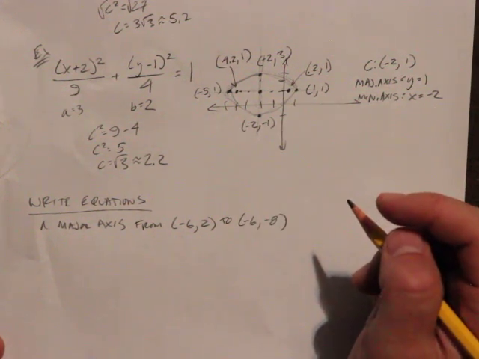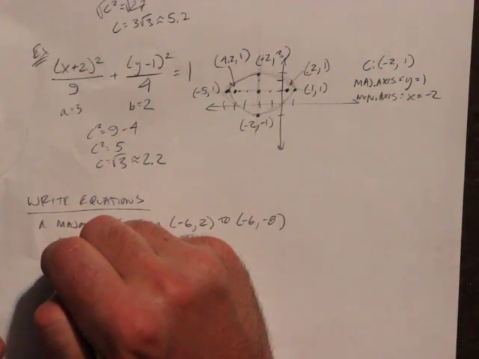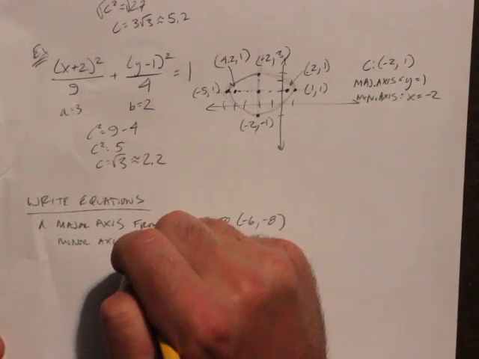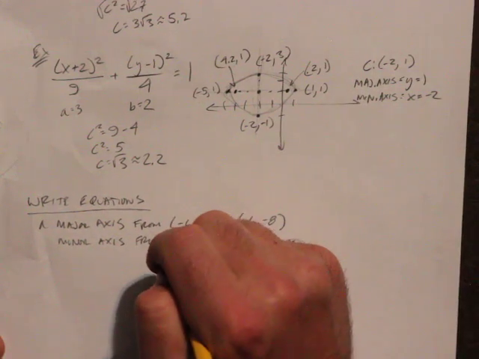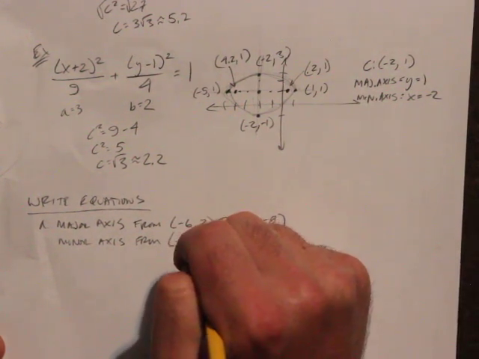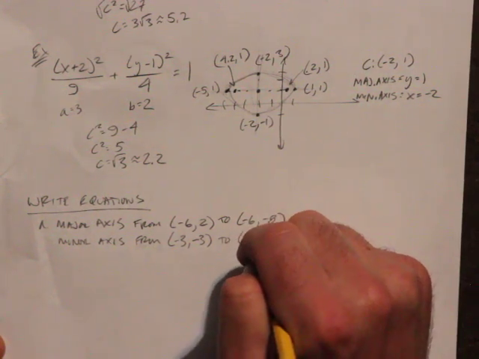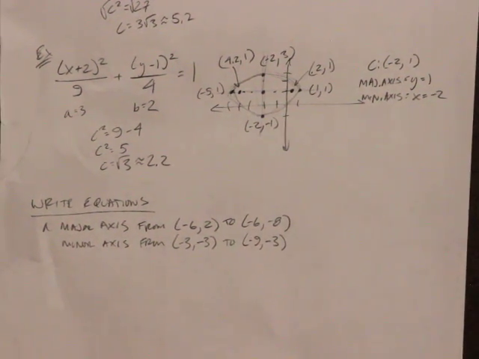So that's my major axis. And my minor axis is from -3, -3 to -9, -3. All right, so we're going to take this information and we're going to write the equation of the ellipse using just this information.